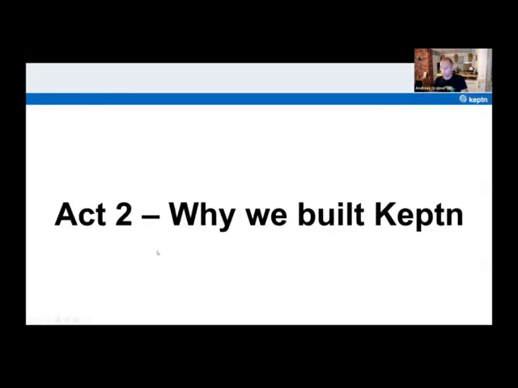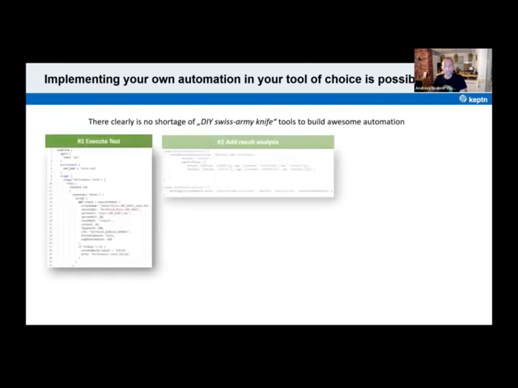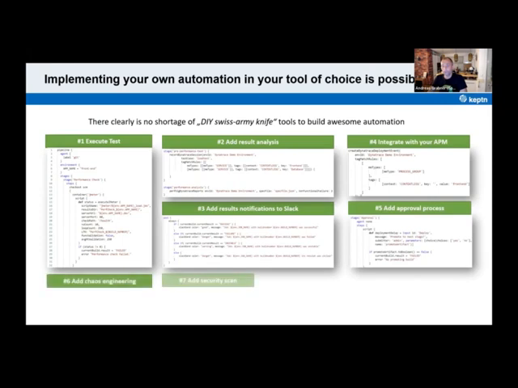So why did we build Keptn? I think, hopefully you understand now what is Keptn, but the question is, why did we build Keptn? We built Keptn because, well, clearly, you could do this all yourself, right? You could build an orchestration and automation platform that, let's say, uses Jenkins or any other tool, because there are so many great automation tools out there.